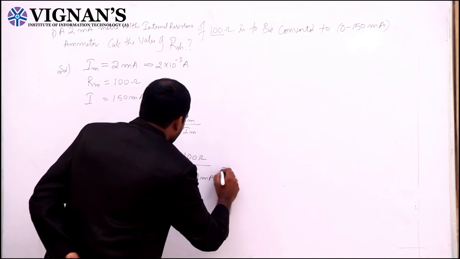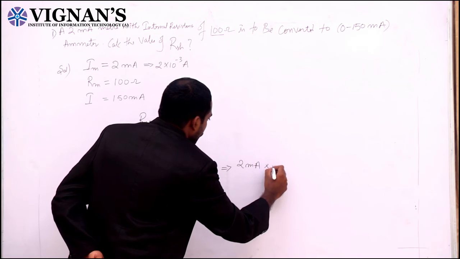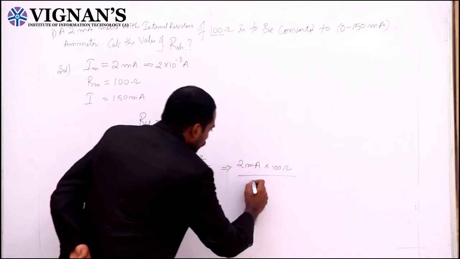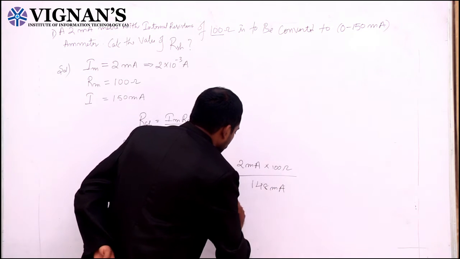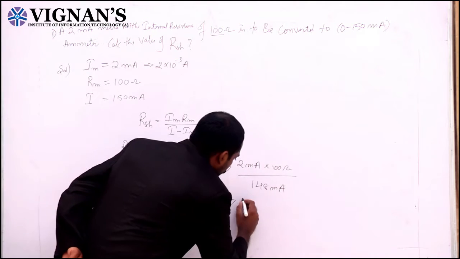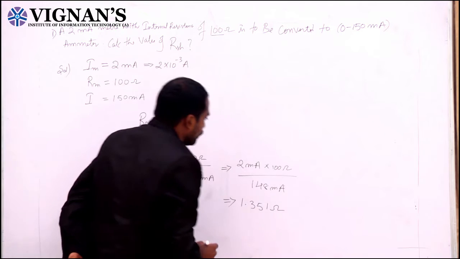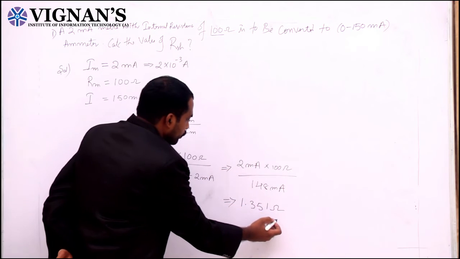So this is equal to 2 milliamps into 100 ohms divided by 148 milliamps. So when you solve this, you will get a value of 1.351 ohms.